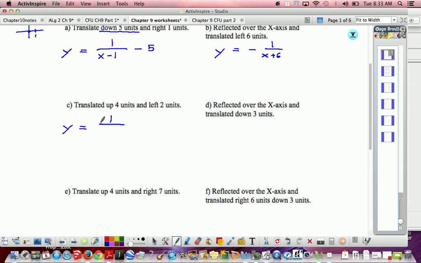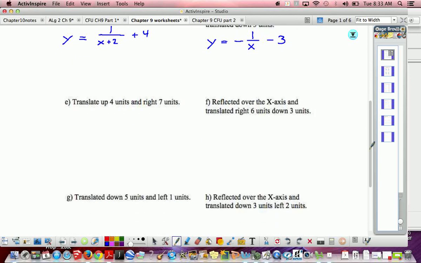So we're not doing a reflection, so no negative. Left would be plus 2, up would be plus 4. D, reflected over the x-axis, so that's going to be a negative. Translated down 3. So we're not doing anything to the x directly, but we'll have a minus 3.